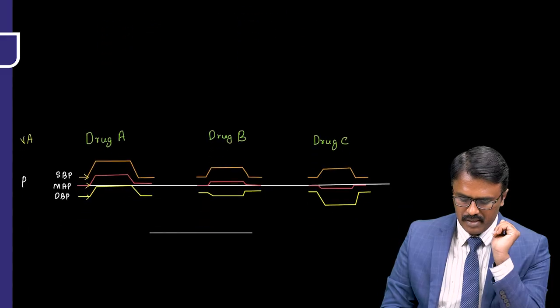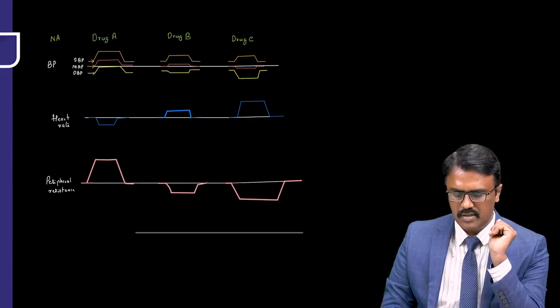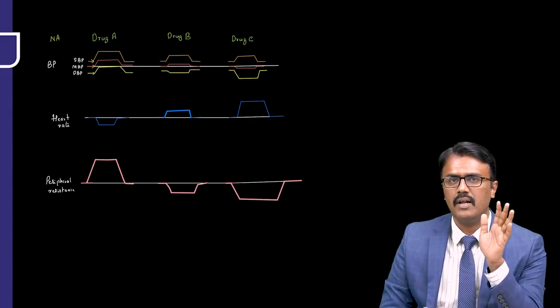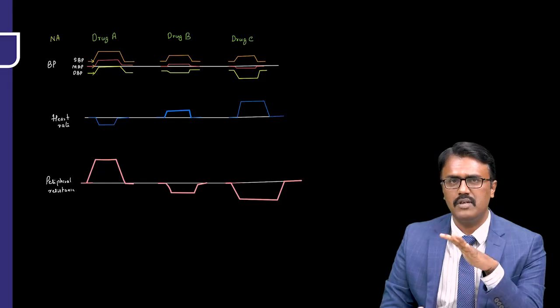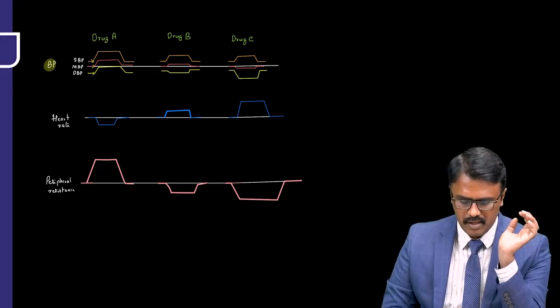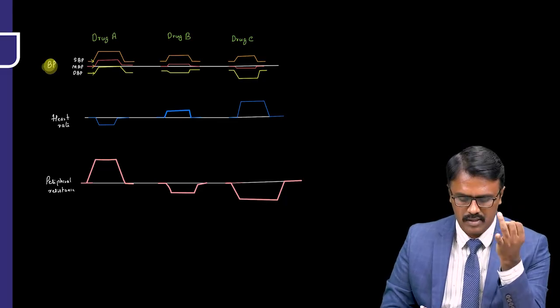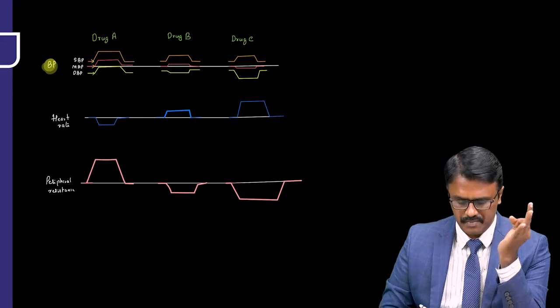Before beginning, let us understand the graph. What I suggest is to pause the video, try to analyze the graph first, and then watch the video. Here we have given the blood pressure. Blood pressure means three parameters: systolic, diastolic, and mean arterial pressure.